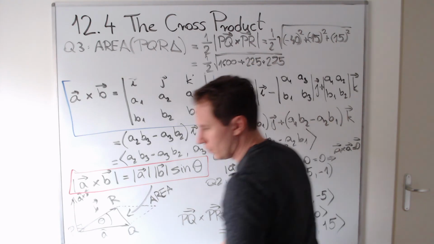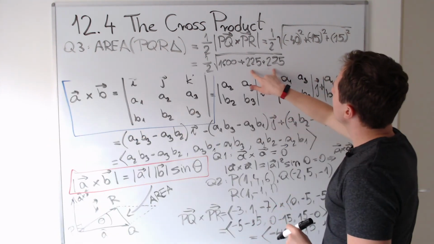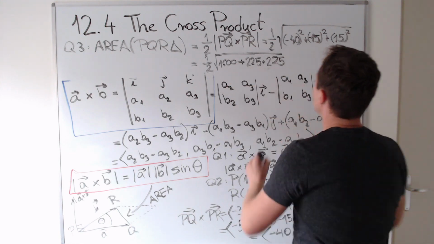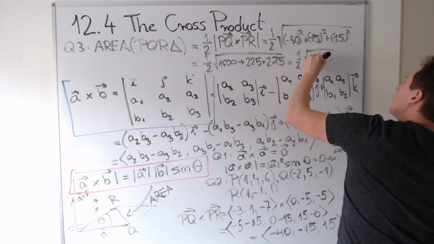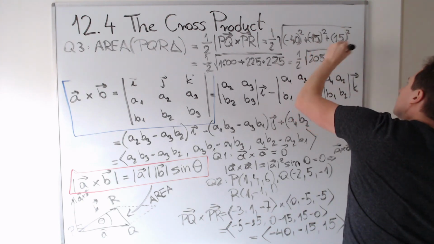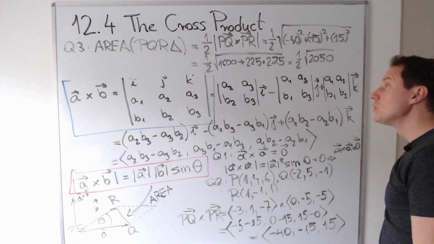Sorry, that's not correct. Where is it? Yeah, it's correct. Okay, so this is 2050. So this area is root 2050 divided by 2.